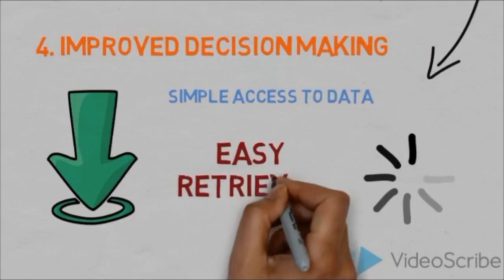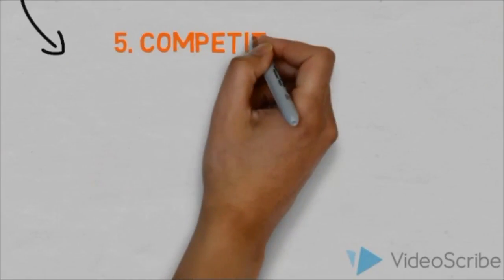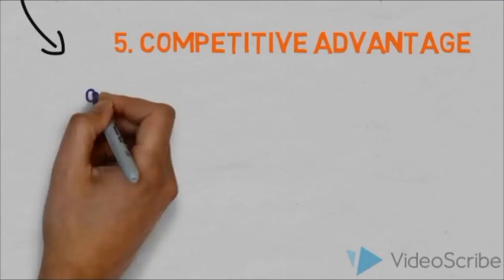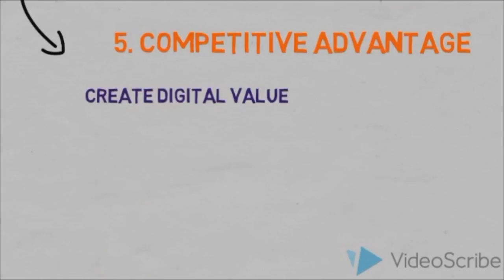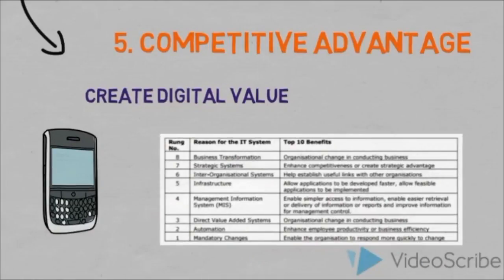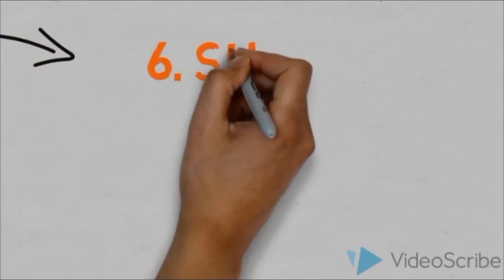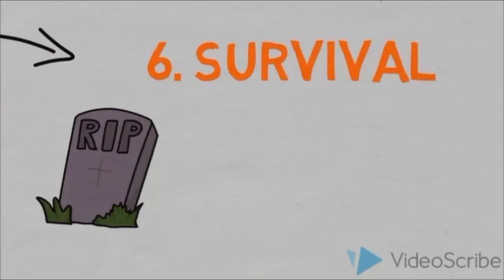The use of technology has created meaningful digital value, thus giving Domino's another competitive advantage. The model on the screen demonstrates how it uses MIS to create such advantage. Finally, and perhaps most importantly, the use of strategic information systems has enabled the pizza chain to thrive and survive.